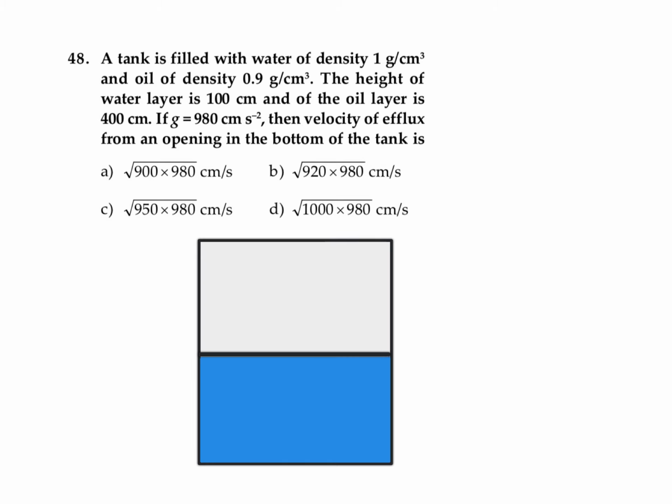So water is going to be at the bottom, because if the density of a liquid is more, it will be on the bottom side, and if the density is less, it is going to float on the liquid of higher density. So just consider that oil is on the upper part and water is on the lower part. The density of oil is 0.9 and the density of water is 1.